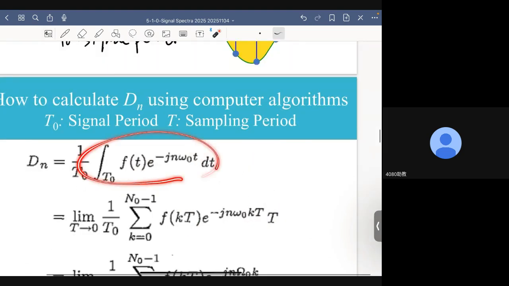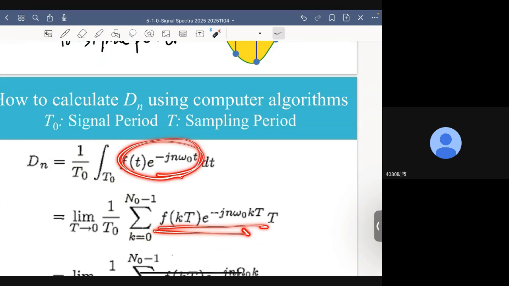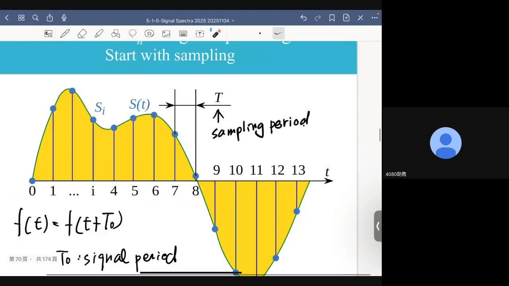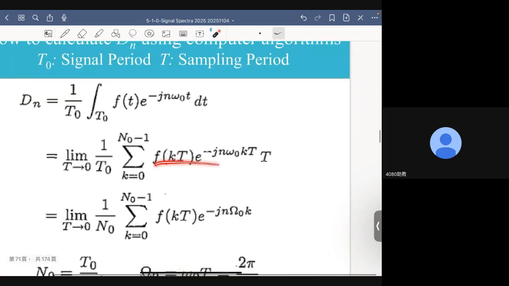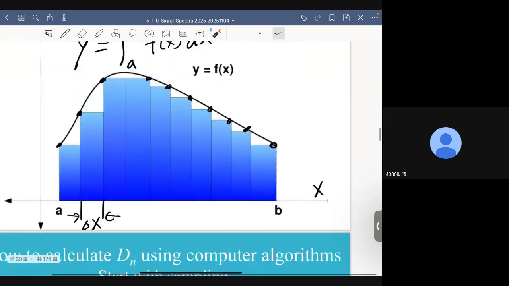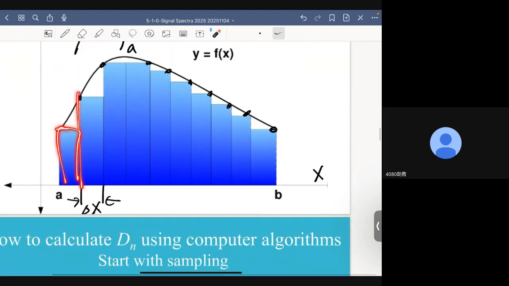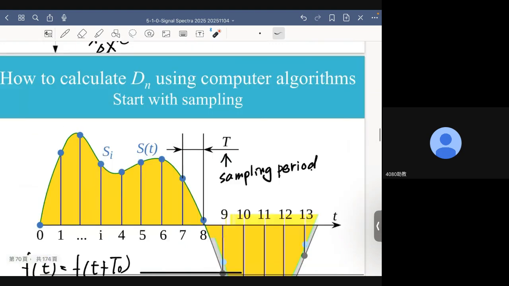And this integral is replaced by this summation, all right? Now, this corresponds to the height, to the value of this integrand. So, in essence, this corresponds to the sampling values of the integrand that we are dealing with. And remember, I need to determine the area of these rectangles.